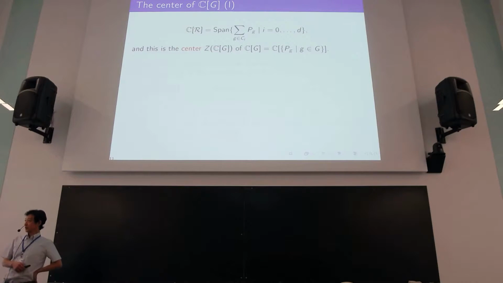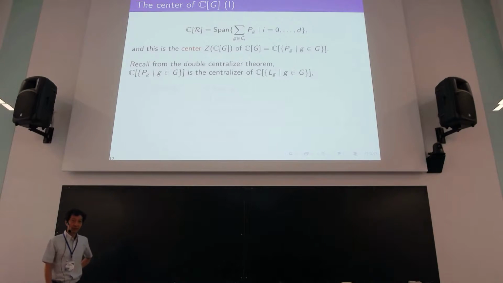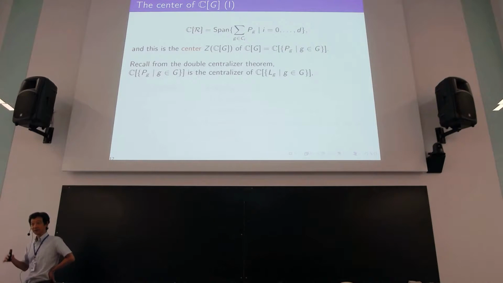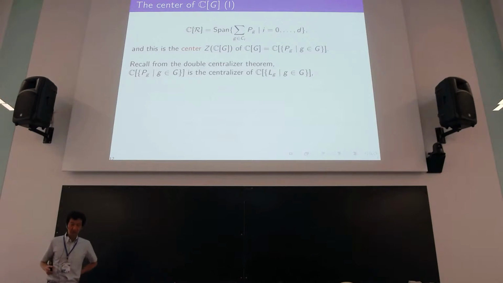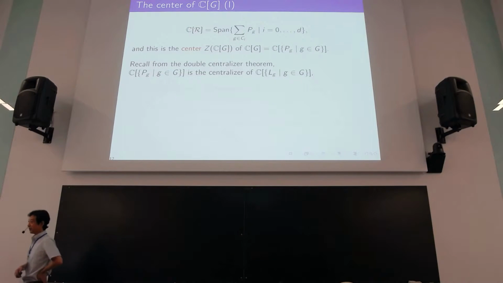Let's see why. It is immediate from the so-called double centralizer theorem. We know how to take the centralizer of a given star algebra, and we also know that if you take the centralizer twice, you get the same thing back.